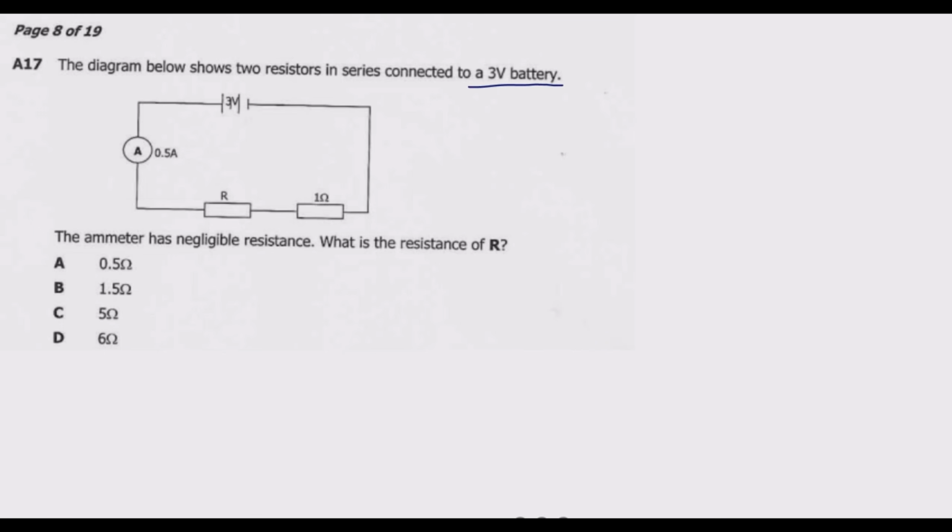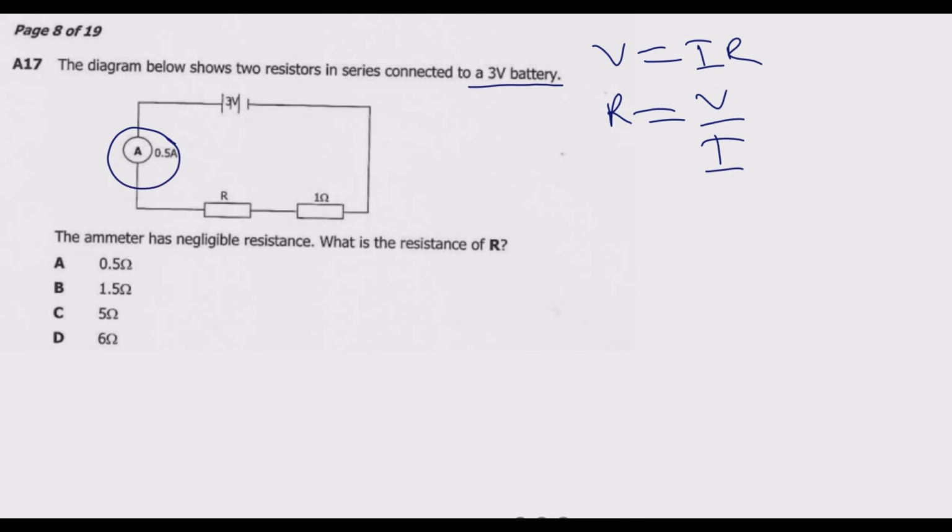If you know the voltage, we can find resistance using resistance equals voltage over current. Remember, voltage is equal to current multiplied by resistance. So to find resistance, we just divide both sides by I. We know the voltage is 3 volts, and we know the current.